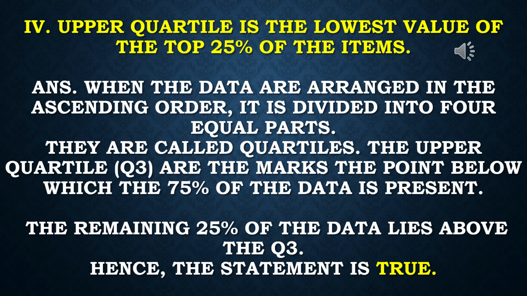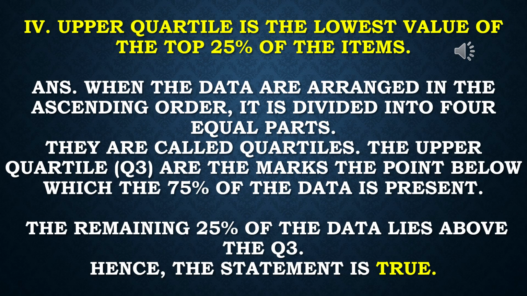Now question number 4 of question 3 is: upper quartile is the lowest value of the top 25% of the items. Here the answer will be: when the data are arranged in ascending order, it is divided into what? Into 4 equal parts. So these 4 parts are called the quartiles. That means from 0 to 25%, 25% to 50%, 50% to 75%, and 75% to 100%.